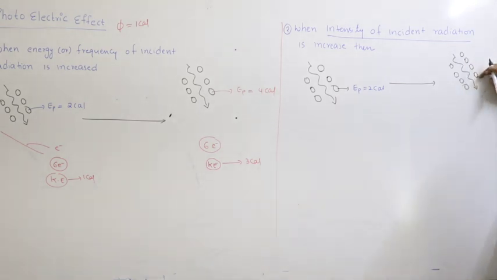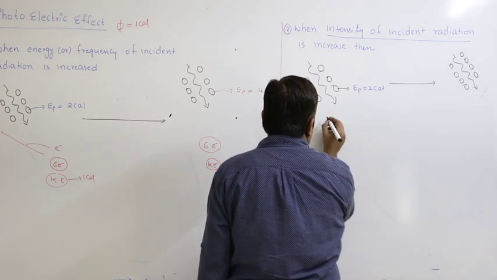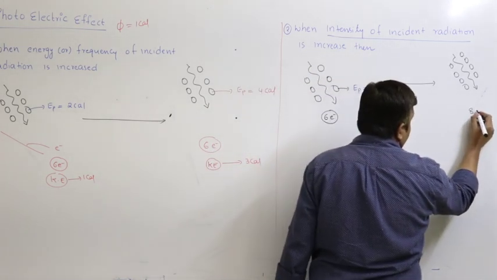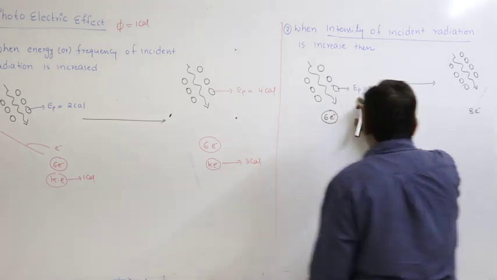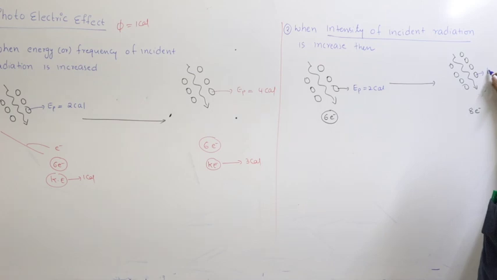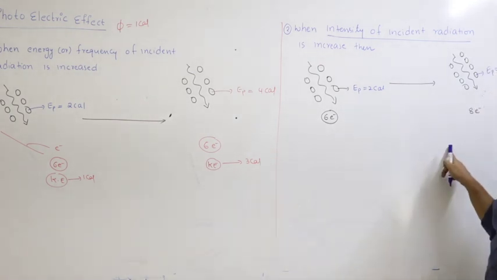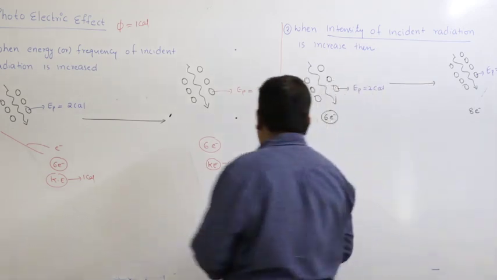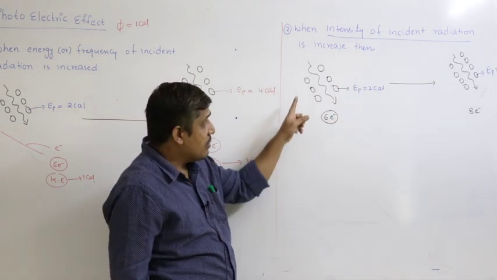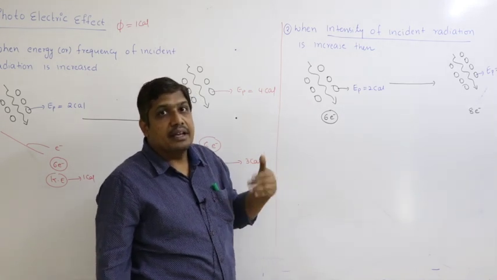Here 1, 2, 3, 4, 5, 6, 7, 8 photons are emitted. That means here you will get 6 photoelectrons, but here you will get 8 photoelectrons. The energy of photon remains the same, so kinetic energy remains the same. Number of photoelectrons increases.